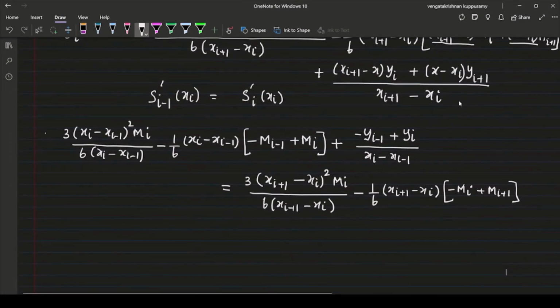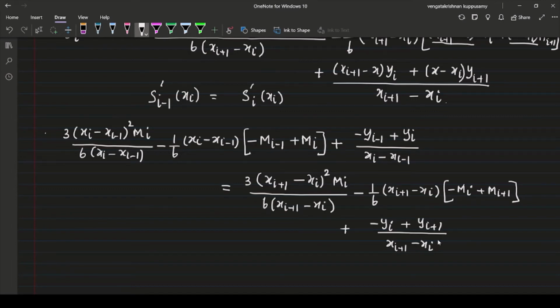And in the similar manner, differentiating the last term, we have minus y_i plus y_{i+1} divided by x_{i+1} minus x_i.